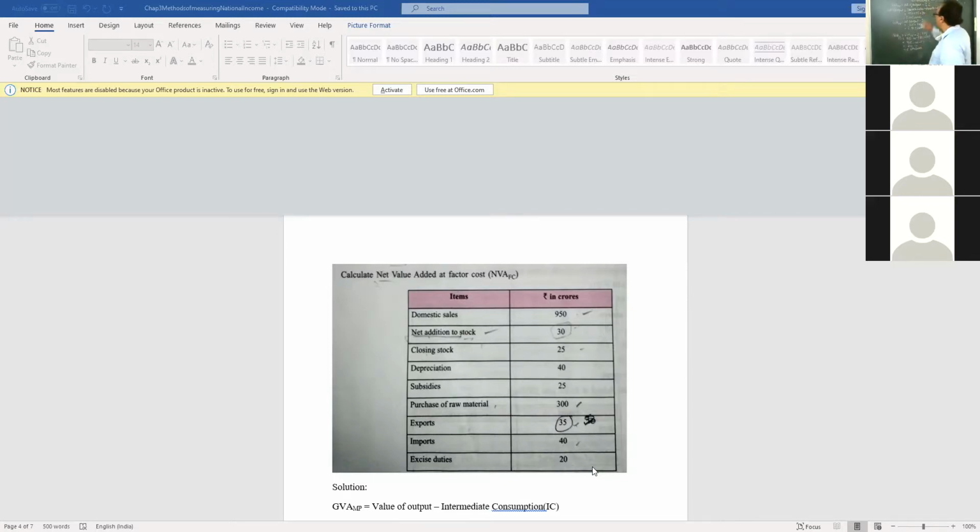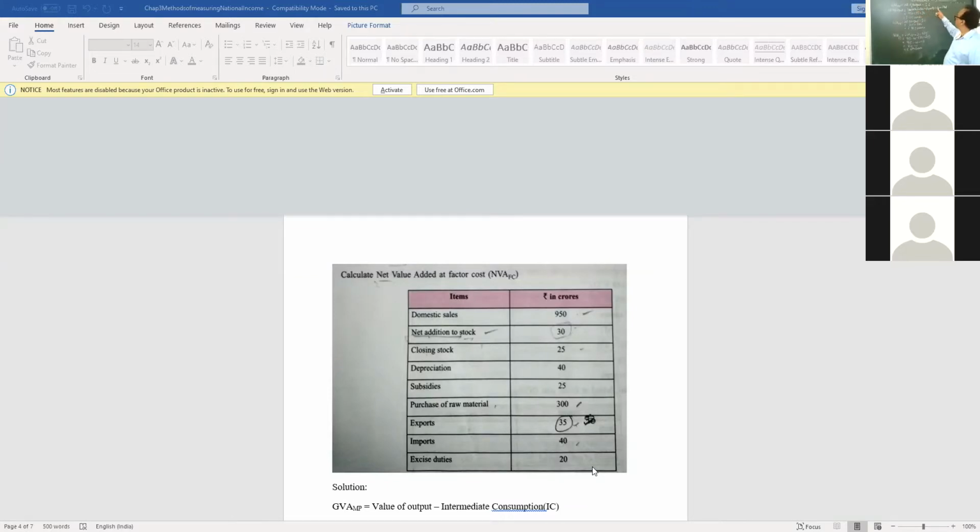Okay, so the first step is to calculate the gross value added at market price: value of output minus intermediate consumption. How do you find the value of output? Normally it is sales plus change in stock. But here we have domestic sales, and we also have exports, so exports are added to the domestic sales to get total sales.